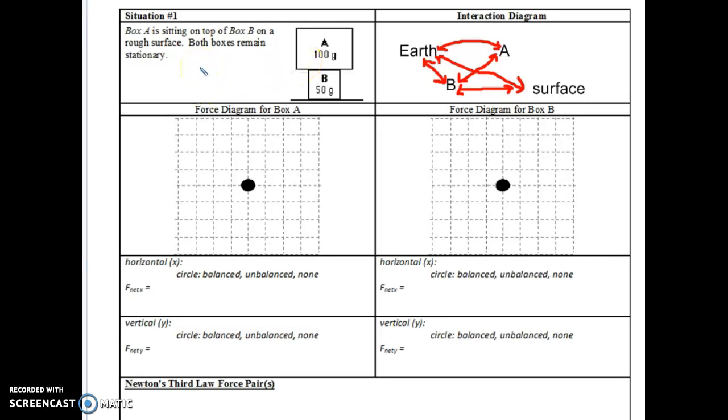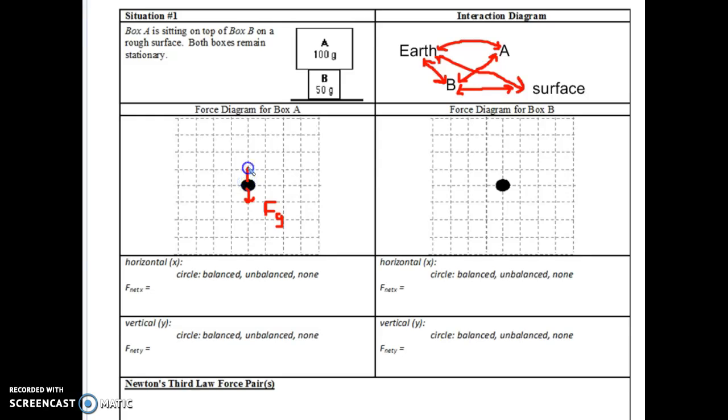My next task is to create a force diagram, and this is where we really have to think about all the forces acting on just object A. So you can see that object A right here is interacting with the Earth, and it's also interacting with object B. I'm going to draw just a one box arrow down for the force of gravity, and on yours you're going to label on object A by Earth.